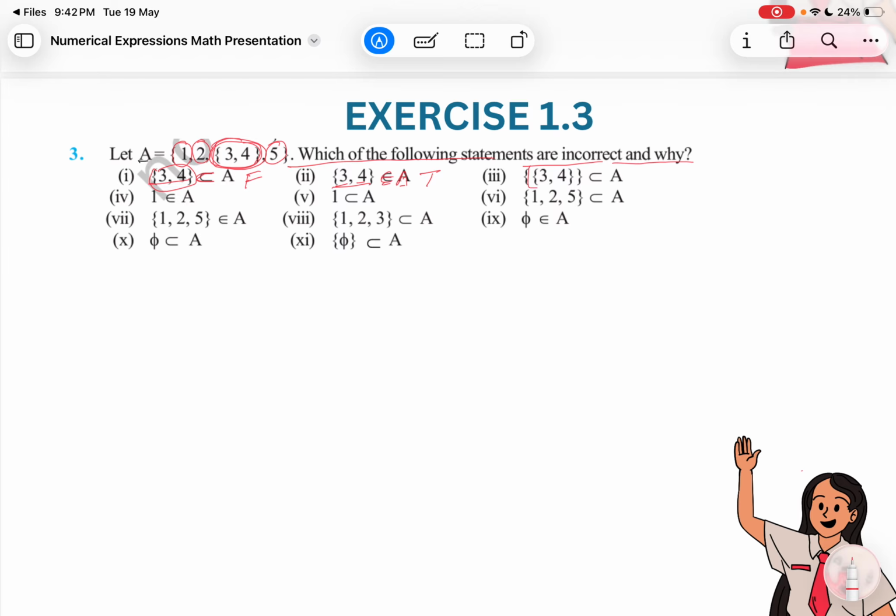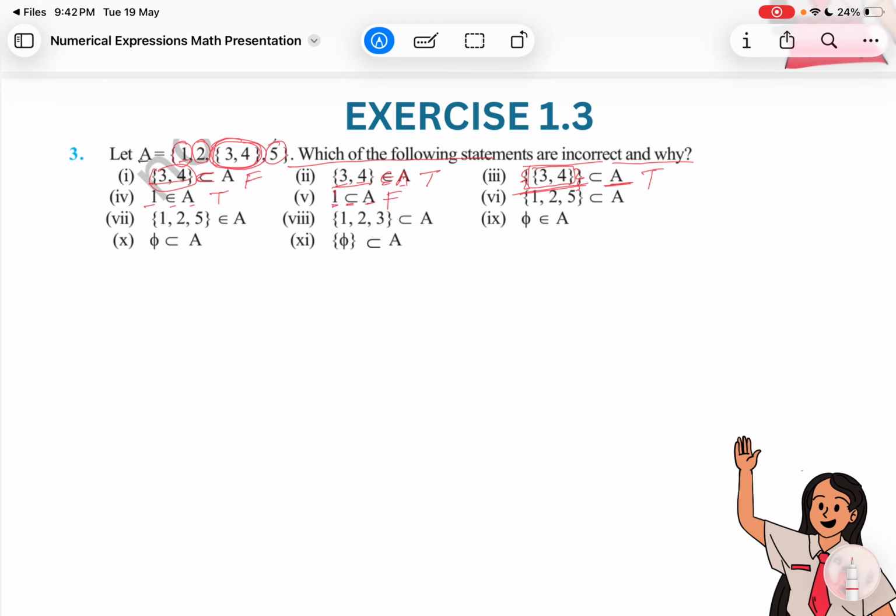Now we have this element 3 and 4, and when we put the curly bracket here, this is a set. So is this set a subset of A? Yes, true. Now 1 belongs to A. In A we can see we have 1, so this is true.